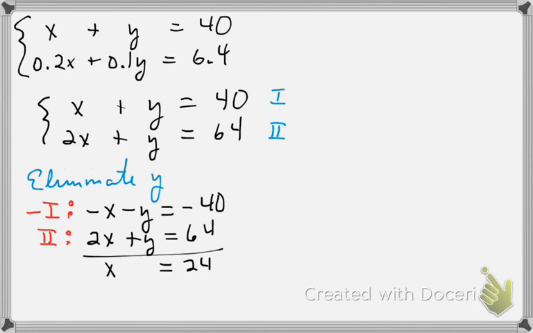You can either back substitute or you could use elimination again on x, or I guess I should say the addition method. If you want to back substitute, I'm assuming you'd go for the first one, where 24 plus y equals 40, and therefore y equals 16.